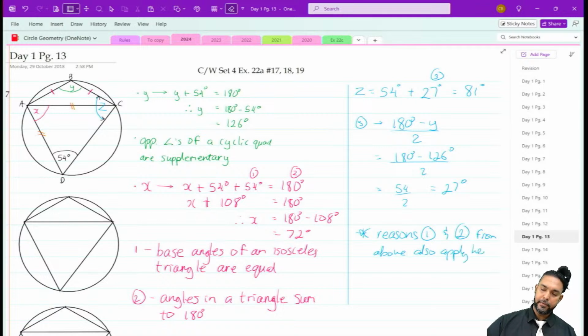Reasons 1 and 2 being the base angles of an isosceles triangle are equal, that's why we divided by 2. And then rule 2, where angles in a triangle sum to 180, is why we did 180 minus 126.